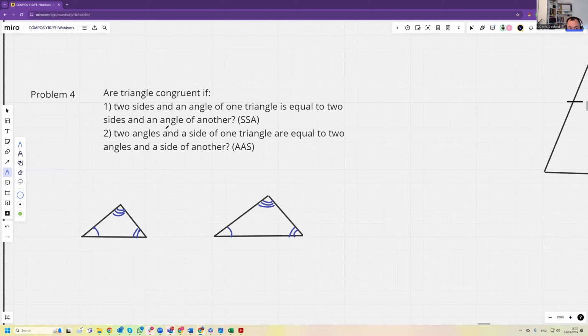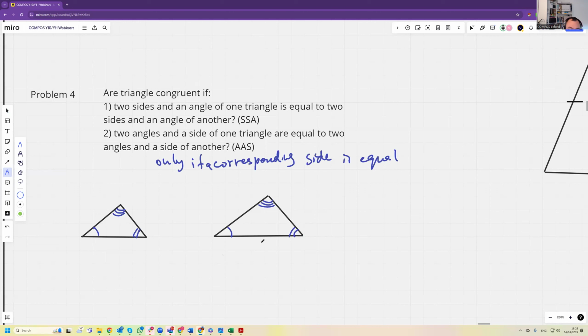Now, two angles and a side of one triangle equal to two angles and a side of another, as long as they are corresponding. So only if the corresponding side is equal.